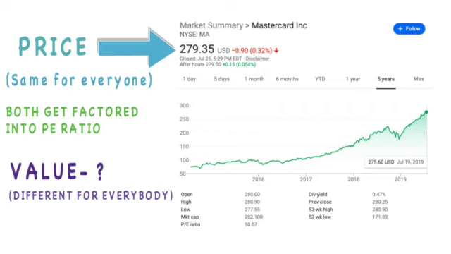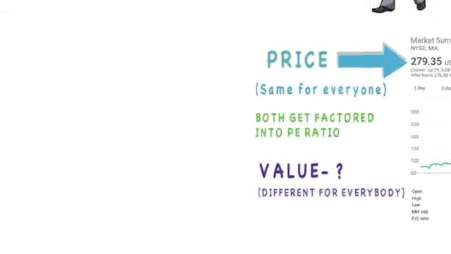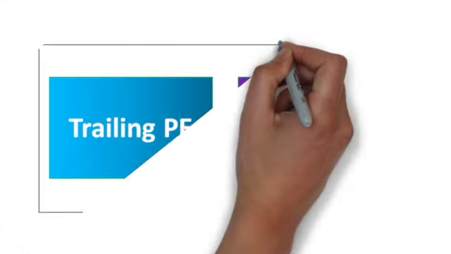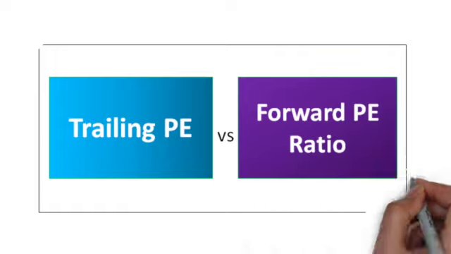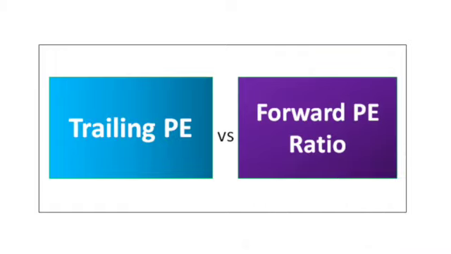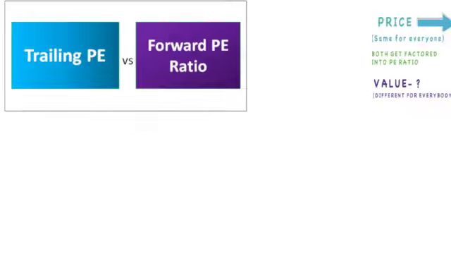The other individual probably wouldn't value MasterCard as highly as I do because they don't see the potential of a cashless society. It's possible I'm overvaluing MasterCard and they are undervaluing it, but both get figured into a PE ratio anyway. A PE ratio by itself might not scream sale, so investors also like to use forward PE and trailing PE to give better context.